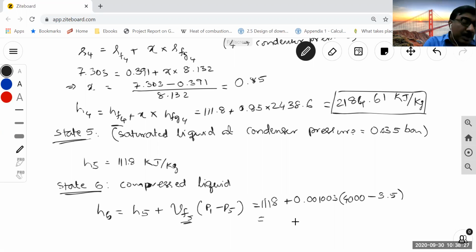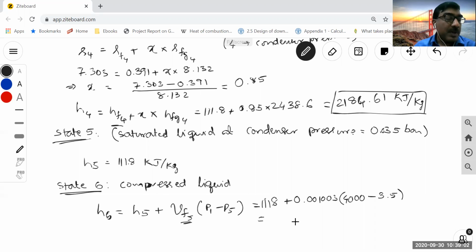So this is coming to be 4000 minus 3.5 into 0.001003 plus 111.8.